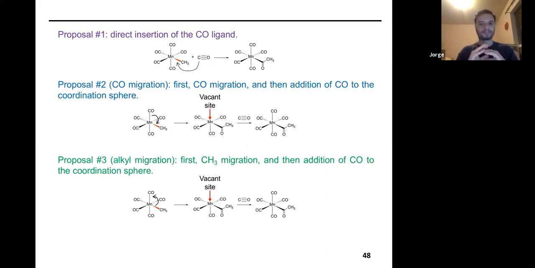Okay, so you have to understand the difference between the 3 proposals. So now the next step is to analyze each of the proposals with experimental data and see which one is the most correct or the most accepted.